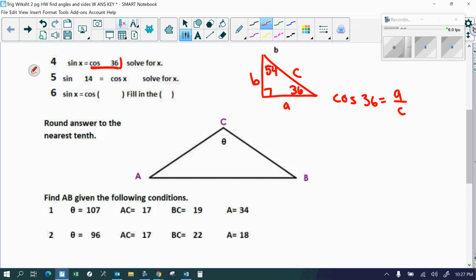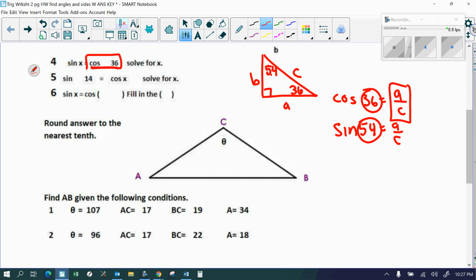So what else equals A over C? Well, if I use the other angle right here, 54, what's going to give me A over C is opposite over hypotenuse. So the sine, that's opposite over the hypotenuse, gives me A over C. So that's why I know the sine of 54 is the exact same answer as cosine of 36.